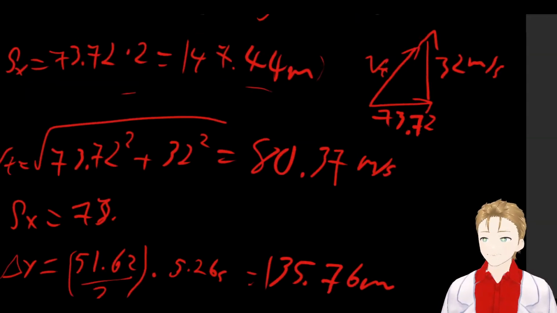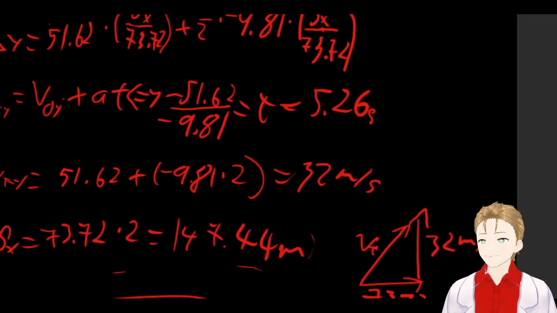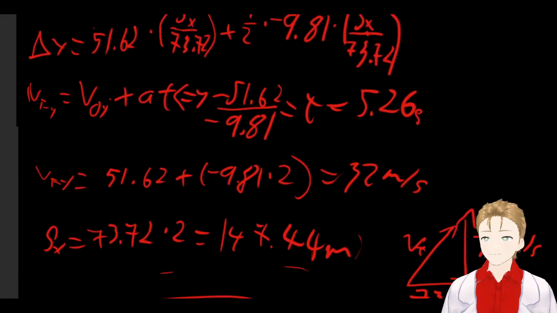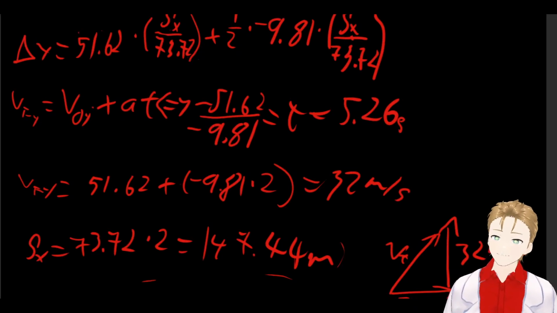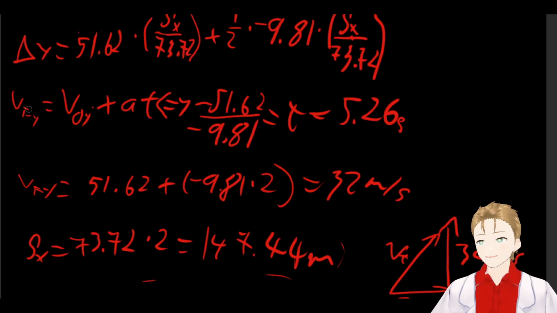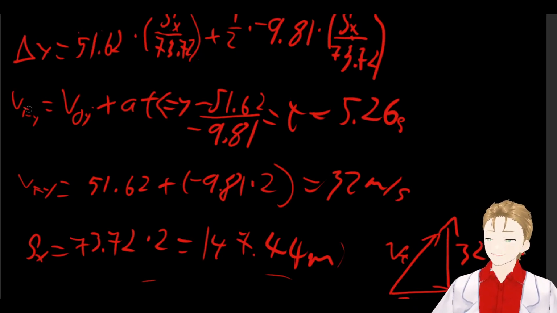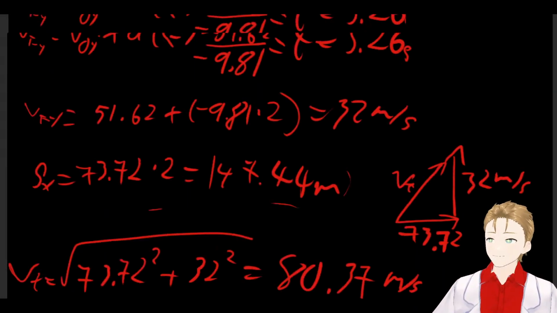Why? Where did I get the 5.26 in the first place? Oh yeah, I got it from there. Oh, I said the 0, we finally had the 0, that's why it's the halfway point.